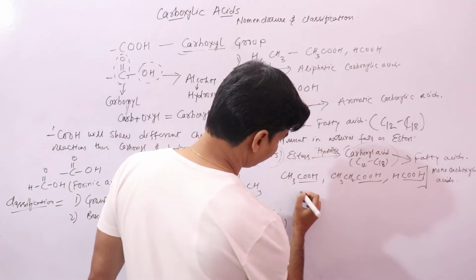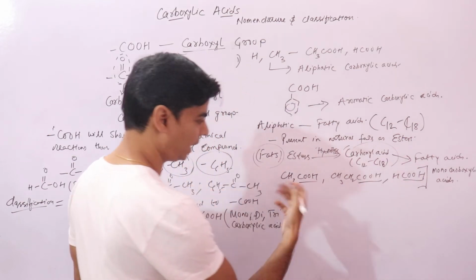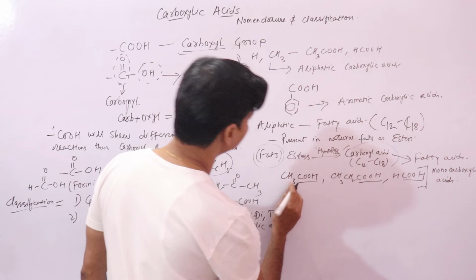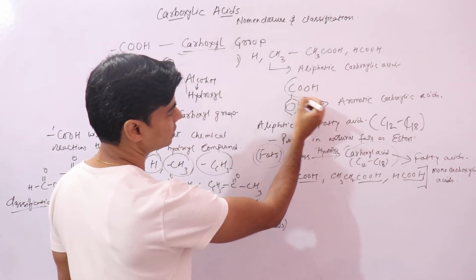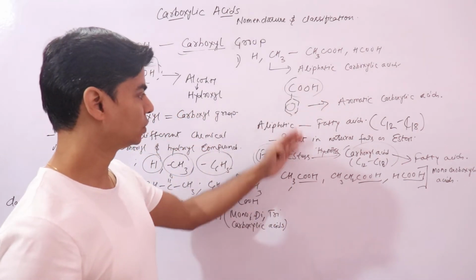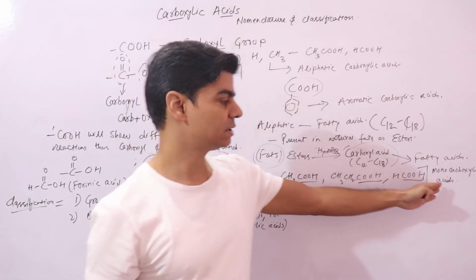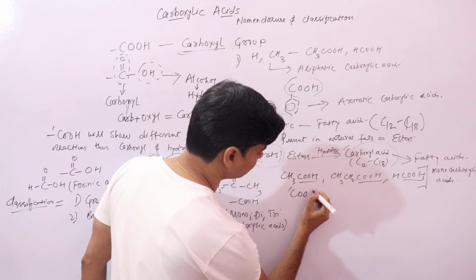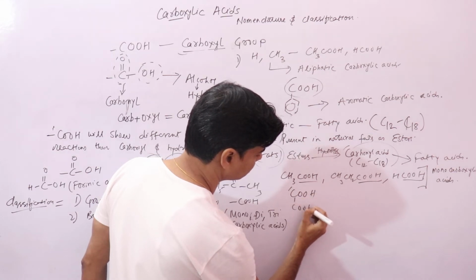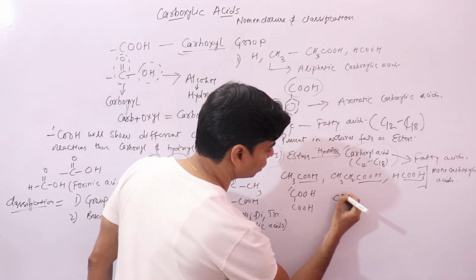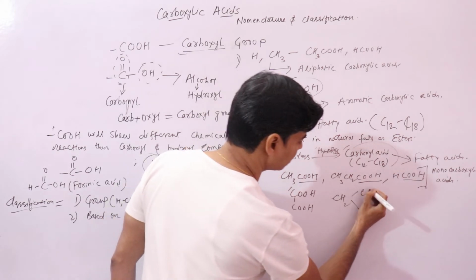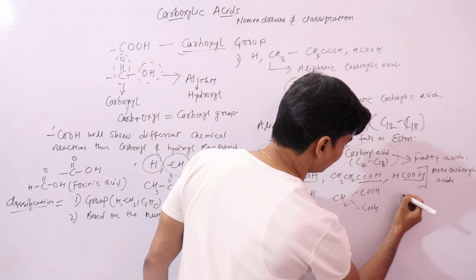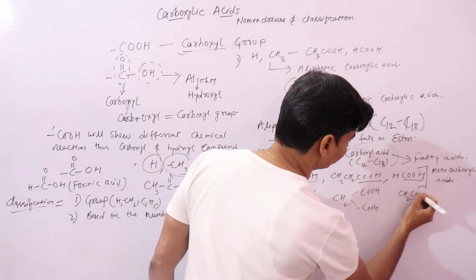Now suppose I take an acid, and one more thing, this acid also contains one carboxylic acid group, so this is also categorized as a monocarboxylic acid. Now suppose this is the acid, or this is the acid, or this is the acid.